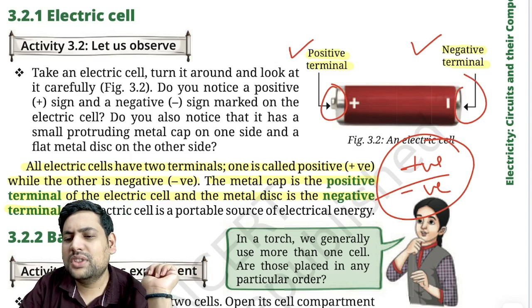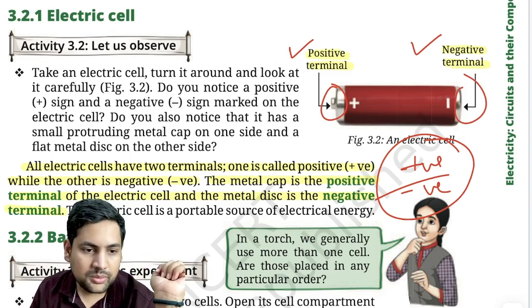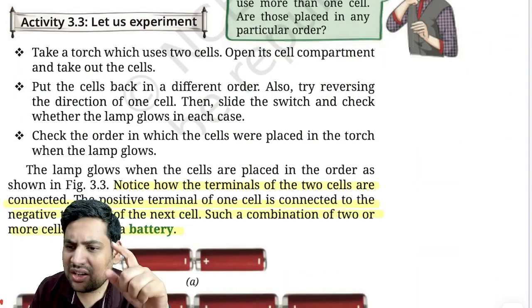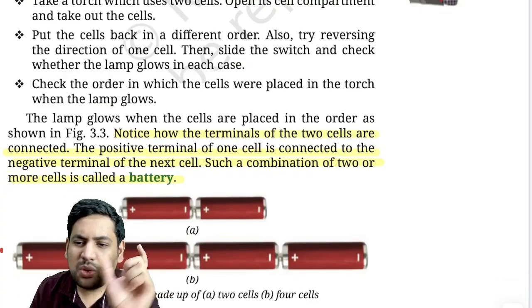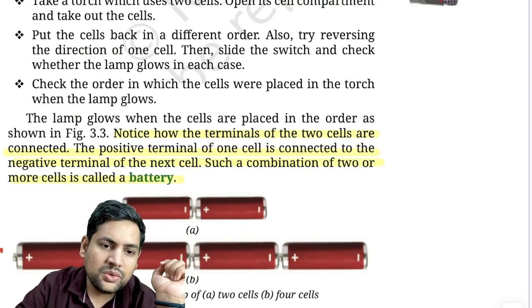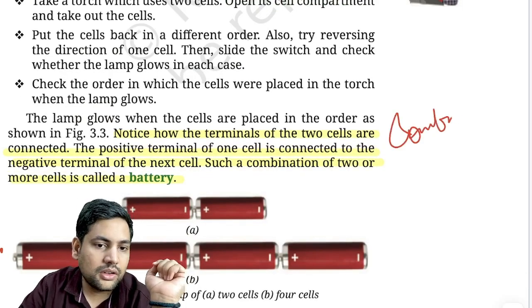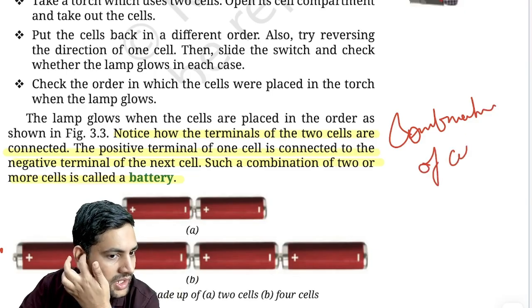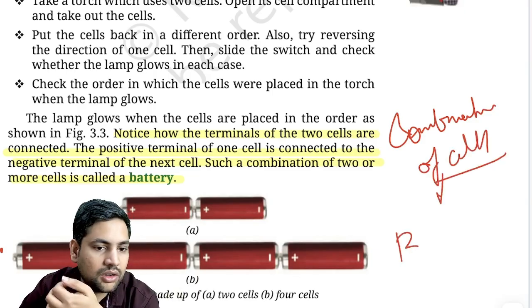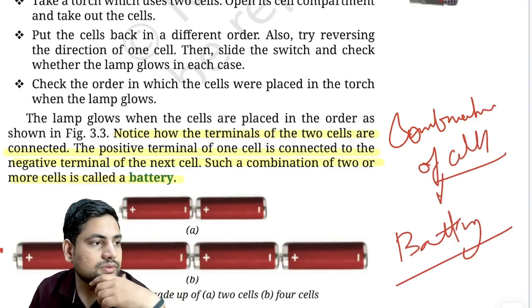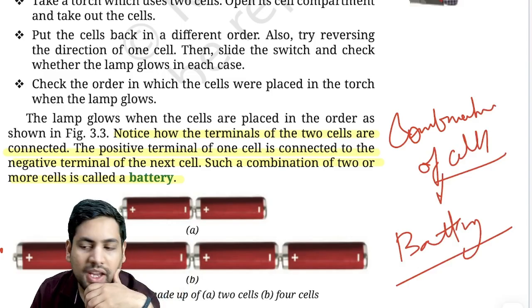This flat structure that you see is usually the negative terminal. In general, we don't use a single cell, correct? We use a combination of cells, which is called a battery. A battery is a combination of cells.